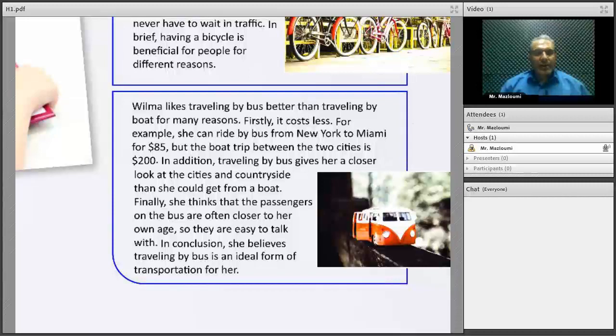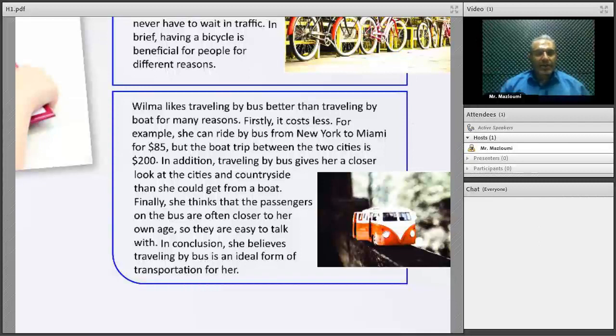In addition, plus, what's more, traveling by bus gives her a closer look at the cities and countryside than she could get from a boat. This is our second supporting idea.